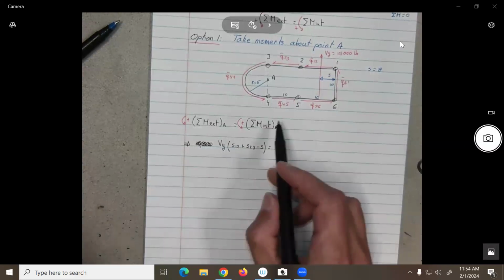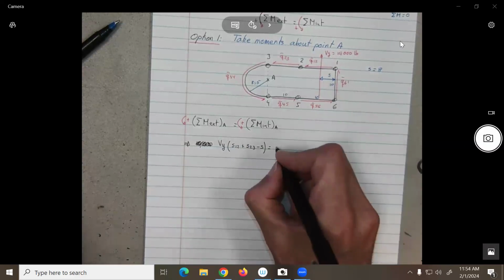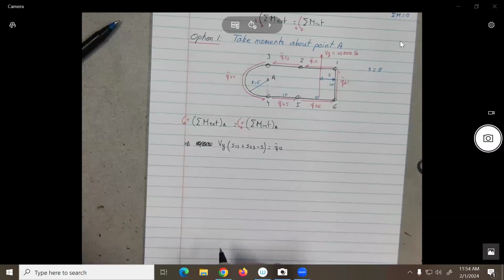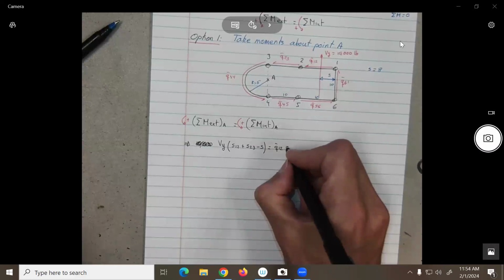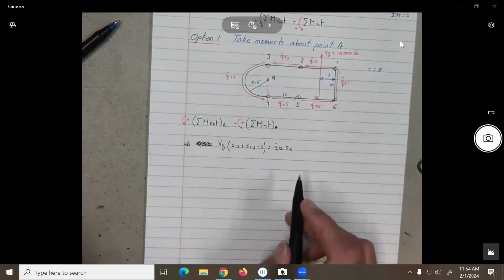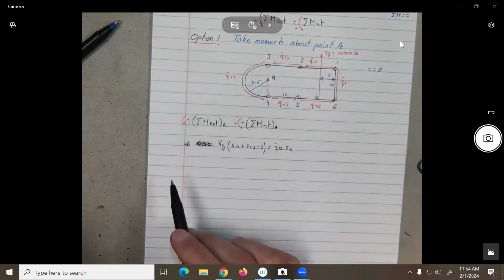Now, we can go around. What will be the moment created by Q12? It will be Q bar 12. Remember, what are the units for the shear flows? Force per unit length. So in order to get the force, you need to multiply this by the length. And now, what will be the arm?